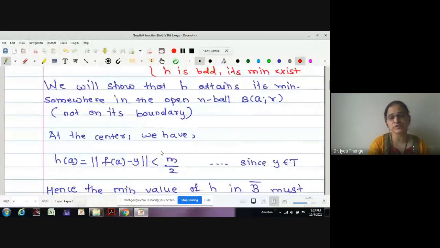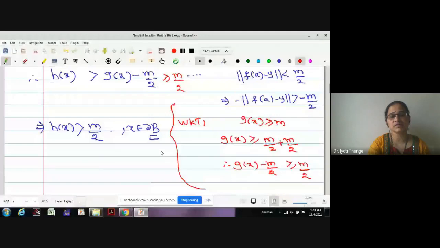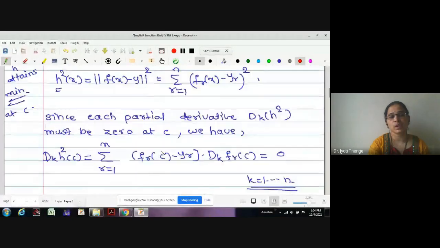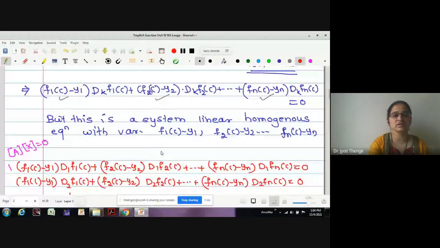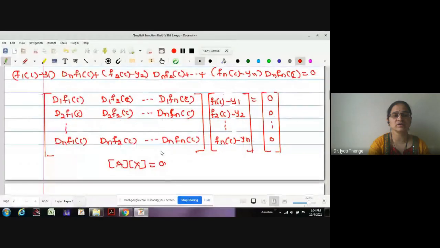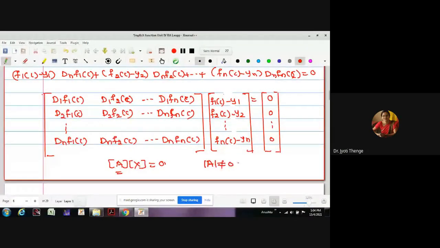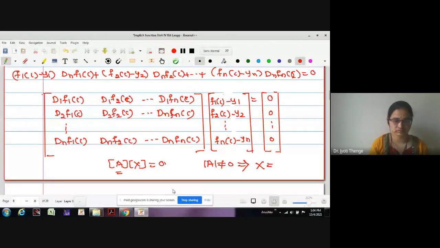Therefore, may I write this system of linear equations. Determinant of A is not equal to 0. What is the nature of the solution then? What kind of solution will this system possess? Trivial solution, na?